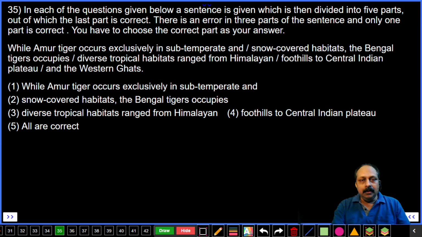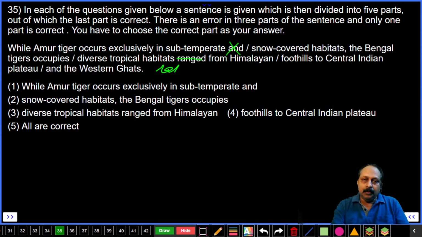While Amur tiger occurs exclusively in subtemperate and snow-covered habitats, and is not correct here. While Amur tiger occurs exclusively in subtemperate, snow-covered habitats, the Bengal tiger occupies diverse tropical habitats. Range is not correct.